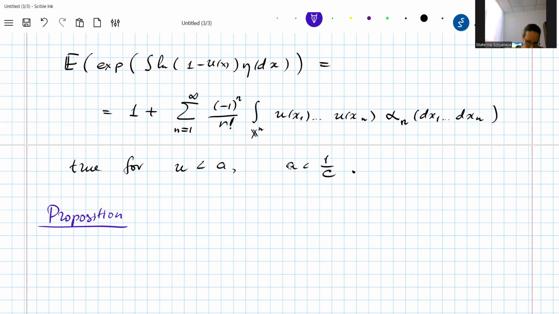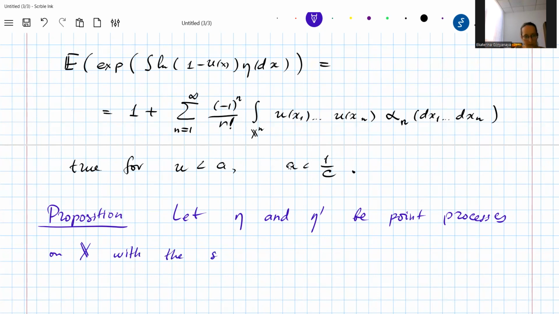So assume that we have two point processes, eta and eta prime, on X with the same factorial moment measures.